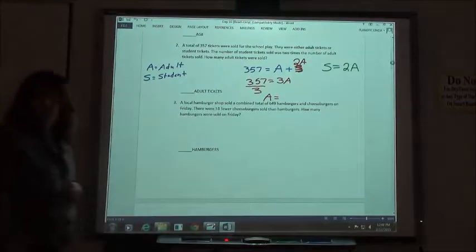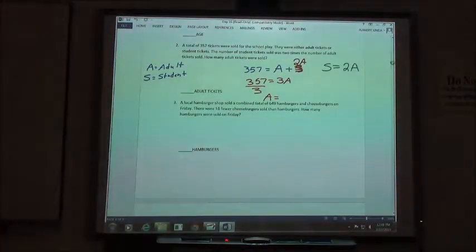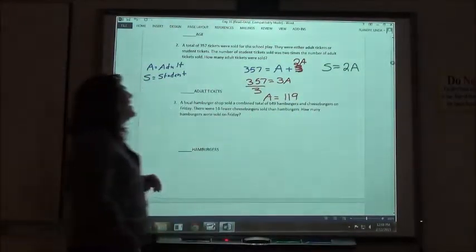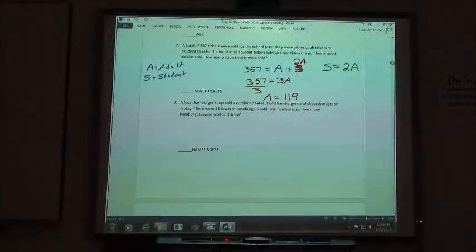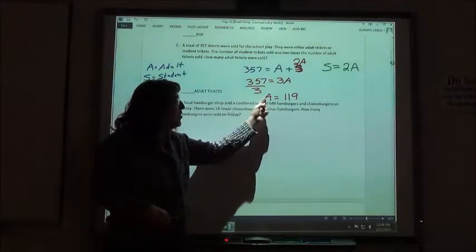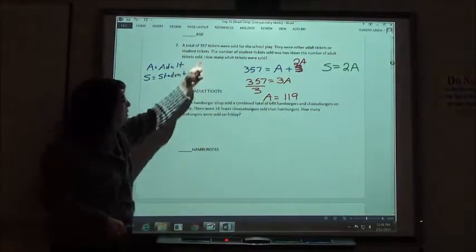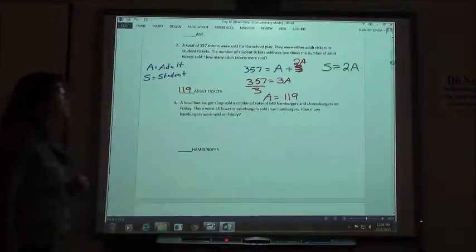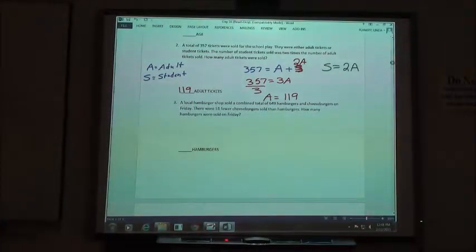I'm going to let you use your calculator to do that. 119. The question wants to know how many adult tickets, so that's 119 adult tickets.